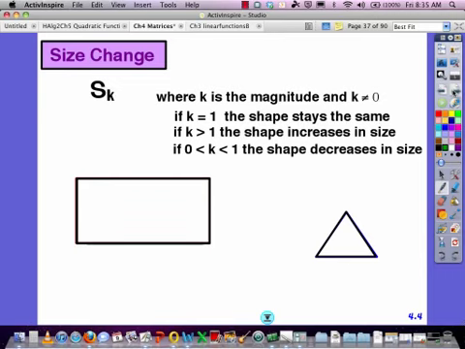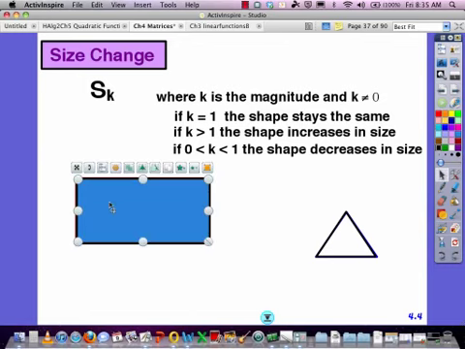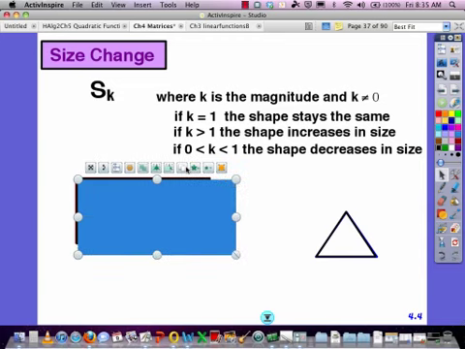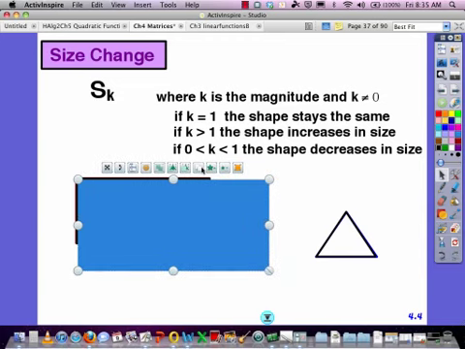So a typical situation would be if we had our rectangle, and let's just fill it with some color here. Okay, so if we had our rectangle now and we wanted to take it through a size change that was a positive value, that original positive value would now make it a bigger situation.